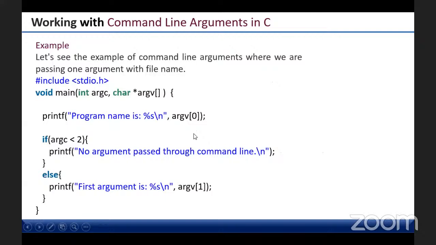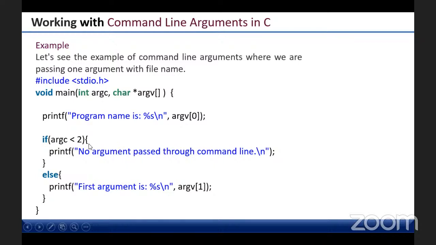If you observe this program, main with argc and argv, to print the arguments you use the array starting with argv[0], then argv[1], argv[2], and so on. The total count will be in the variable argc.